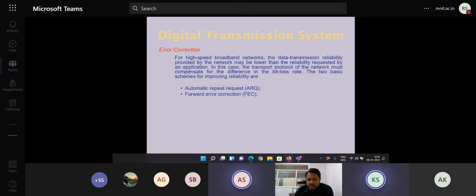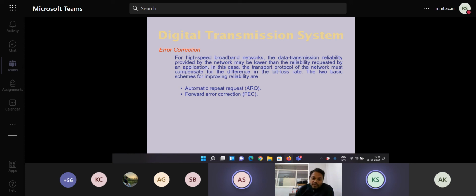If the number of errors is more than 3, then the receiver will not be able to correct the error. But it might be able to detect that there were errors, and it can say that it has not been able to correct it. In that case it can ask for a repeat transmission. So automatic repeat request in conjunction with forward error correction can be helpful in improving the reliability of the system.